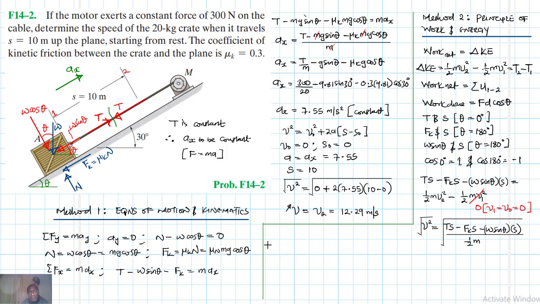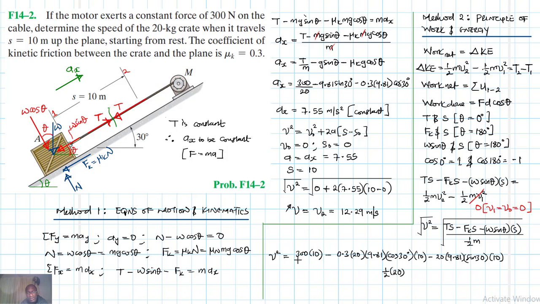Therefore, now let's plug in numbers. Our v squared is equal to T, which is 300 times 10, the displacement, minus 0.3, the coefficient of kinetic friction, times the mass 20 times 9.81 times cosine 30 times the displacement 10, then minus 20 by 9.81 sine 30 times the displacement 10, then divided by 1/2 times 20.